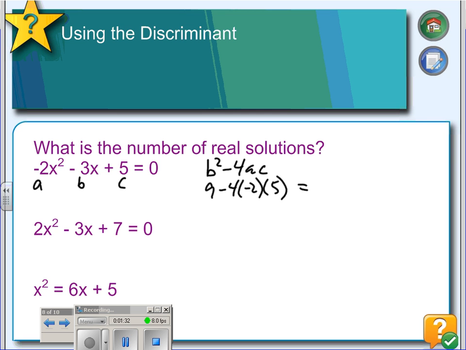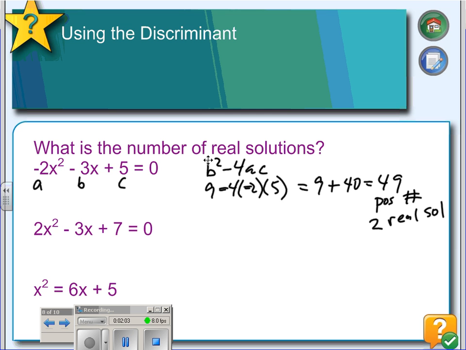That gives us a discriminant of 9 plus, because there are 2 negatives, 2 times 5 is 10, 10 times 4 is 40, so we get 49. Since 49 is a positive number, that means there will be 2 real solutions.